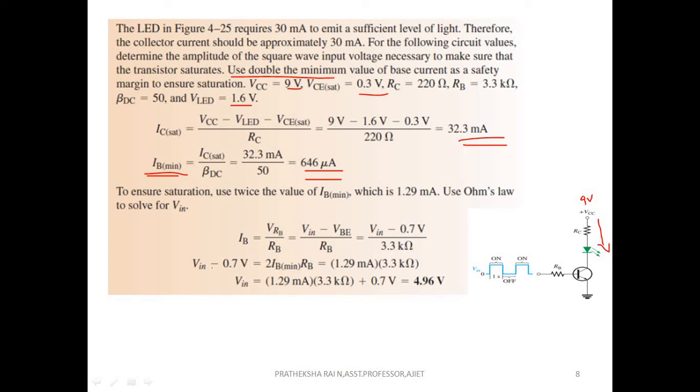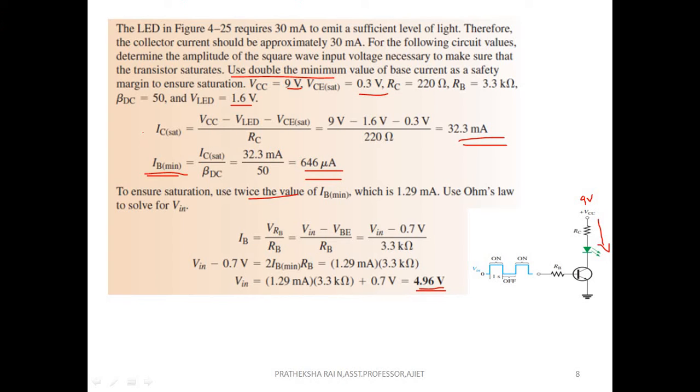So Vin minus 0.7 volts is equal to 2 times IB minimum into RB, since we are told to use twice the value. That is 1.29 milliampere into 3.3 kilo ohm. Simplifying this equation, you will get Vin as 4.96 volts. That is how you are supposed to find the Vin voltage.